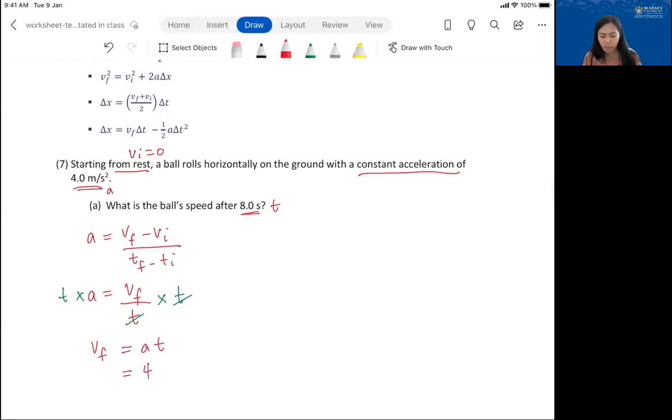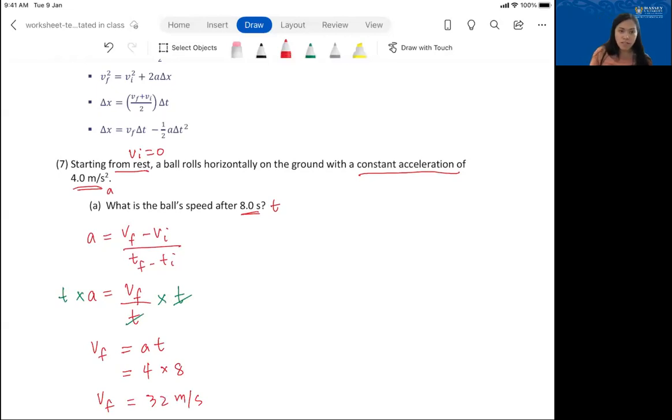Acceleration is 4 meters per second squared, and time is 8 seconds. So that gives you a VF of 32 meters per second. Okay. Right, so you can solve this question using the definition of acceleration in relation to change in velocity with respect to time.